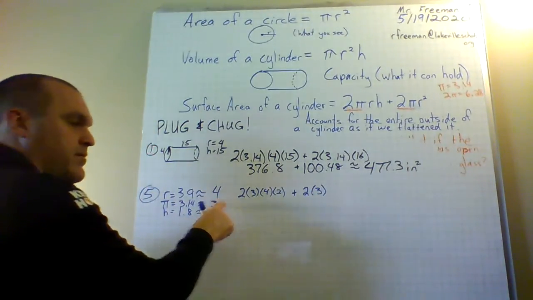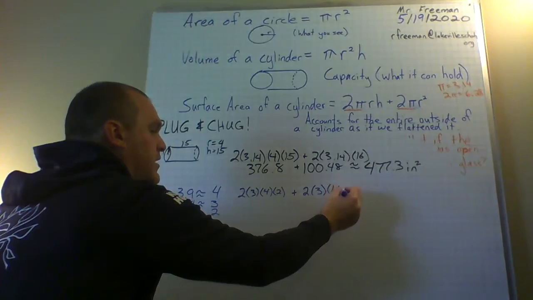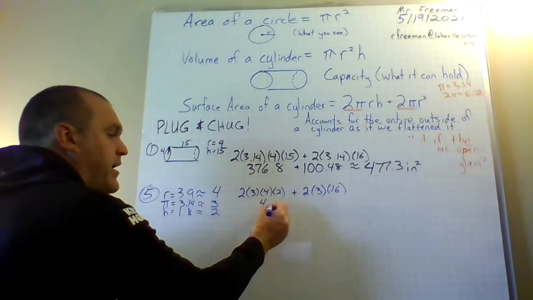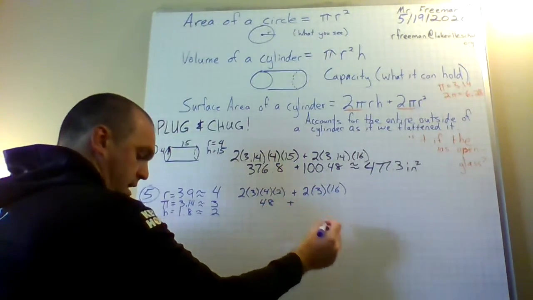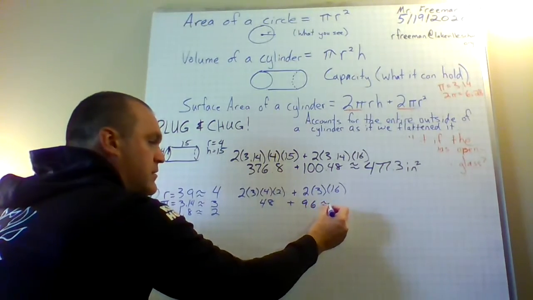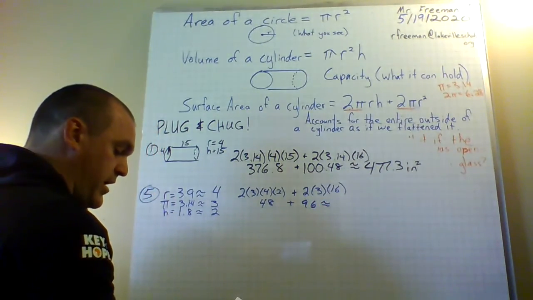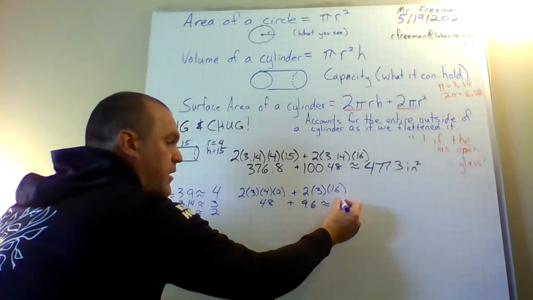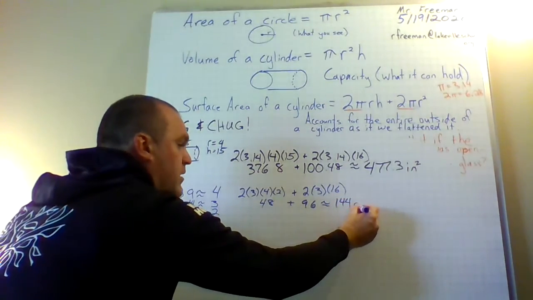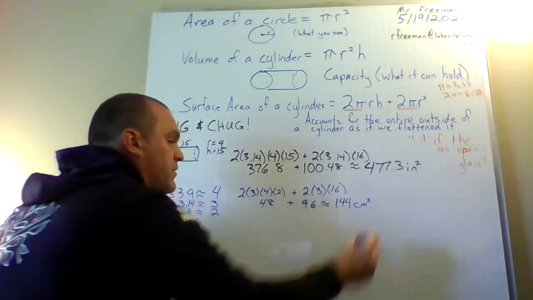R is 4, so 4 squared is 16. And when we multiply all that together, we're going to get 48 here. And we're going to add it to what would be 96 over here. Okay, so our answer would be pretty darn close to 144. And that's centimeters squared.